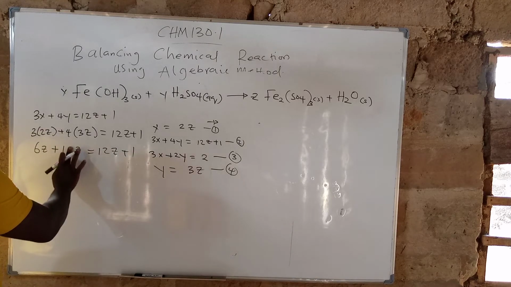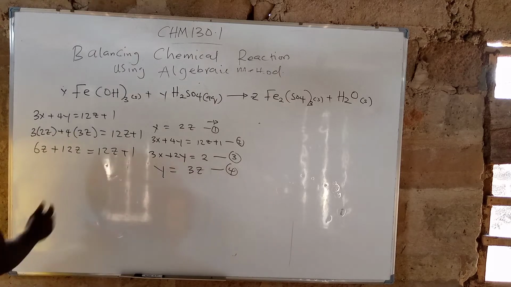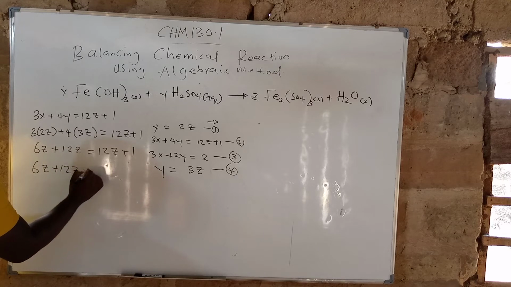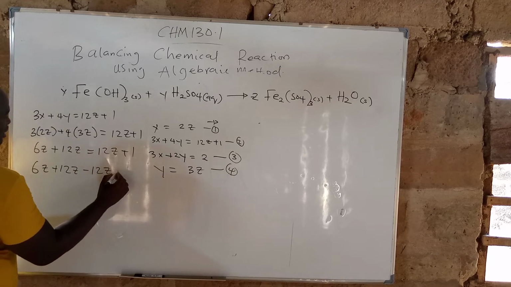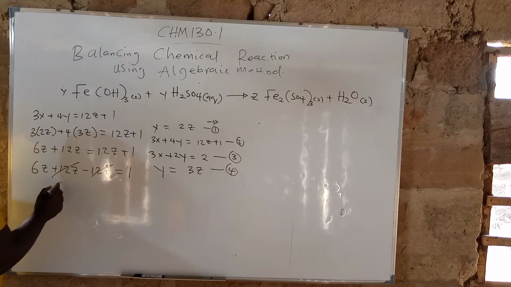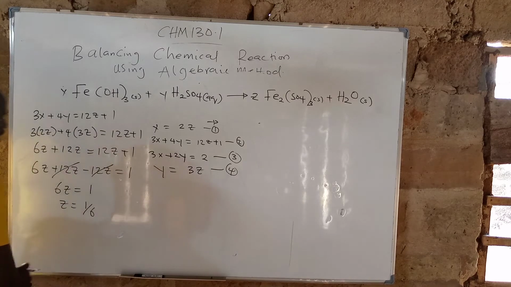Right? Good. Now, if I want to collect like terms, you can see that this will give me 6Z plus 12Z minus 12Z is equal to 1. So this will go with this. Therefore, 6Z is equal to 1. Therefore, Z is equal to 1 over 6.